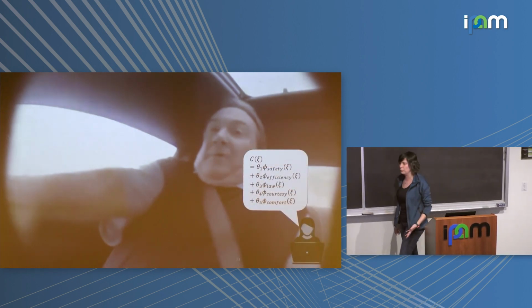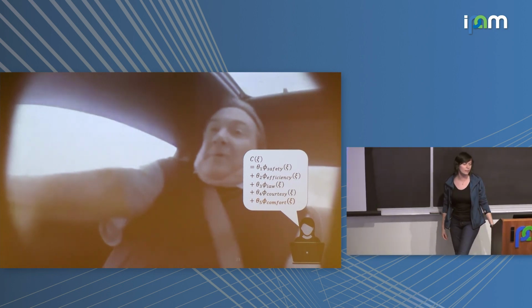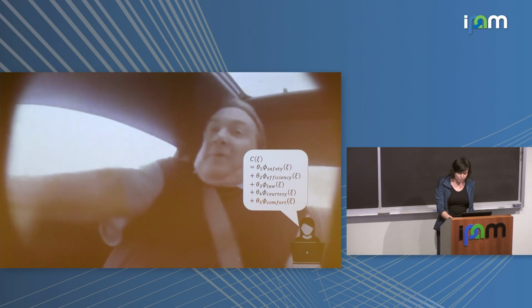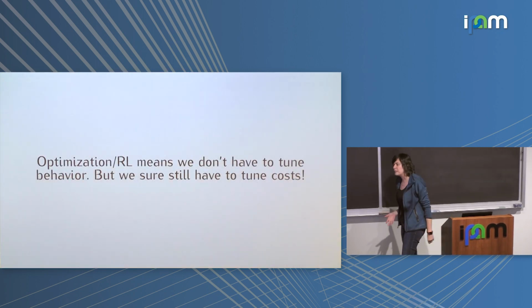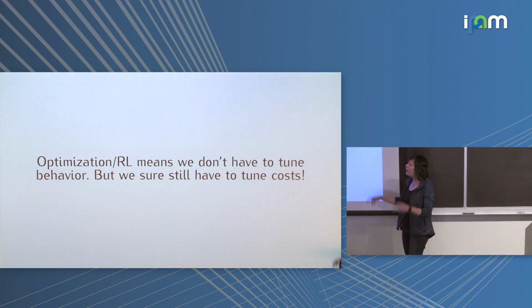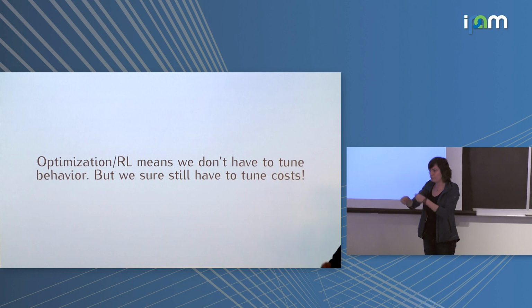So you're missing more things in this objective function. You miss things about comfort and interpretability, I don't know, stuff like that. So all things that are hard to write down. And so the promise of optimization and reinforcement learning and AI was that we don't have to tune behavior anymore. I don't have to write rules for how cars should behave, right?